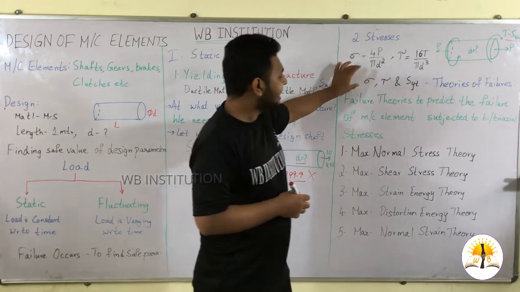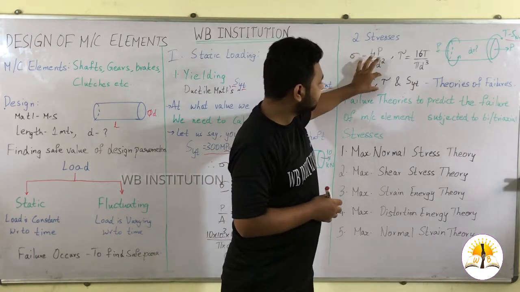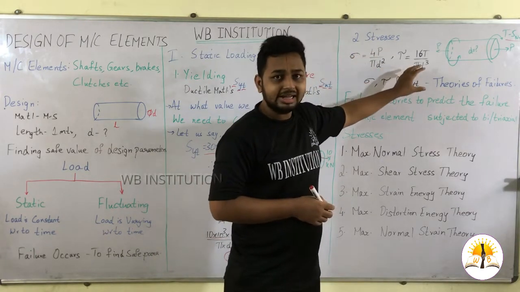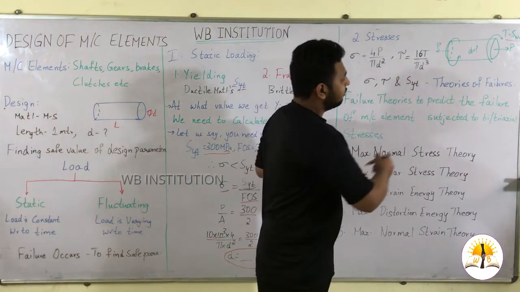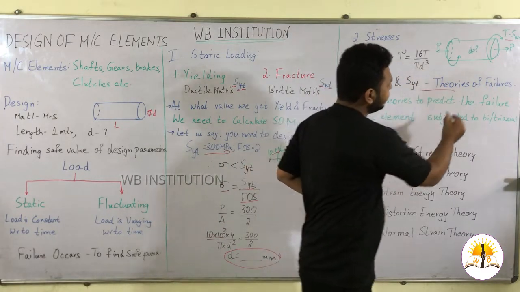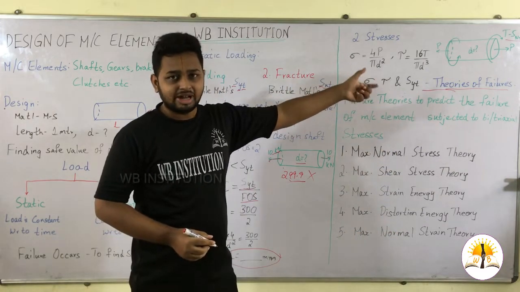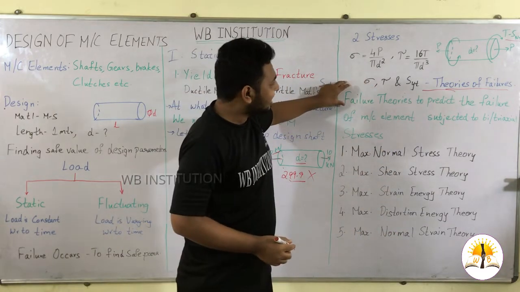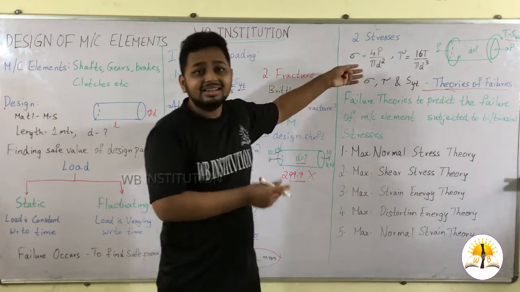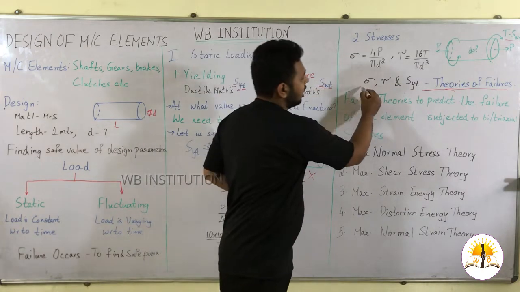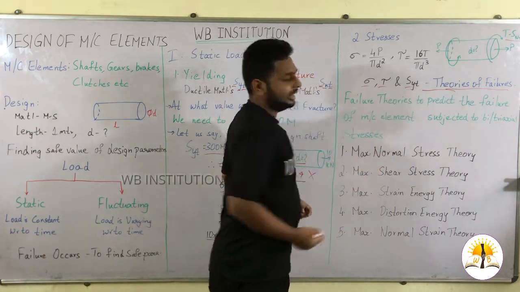Now how do we get the relation between stress and the yield strength? That is by the theories of failure. On the basis of the theories of failure, we calculate the relation between normal stress, shear stress and the yield strength.